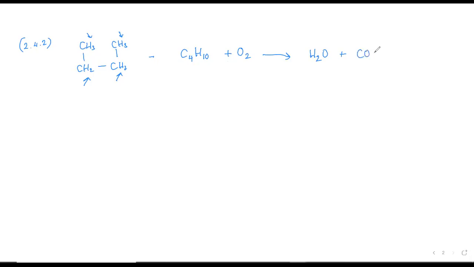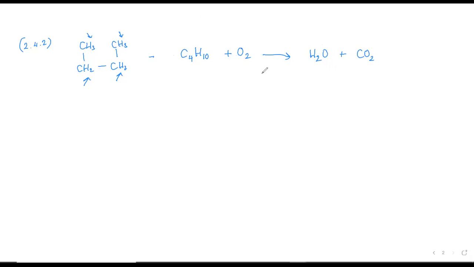Well, in this case, our oxide is carbon dioxide, which is CO2. So what happens is that this, which is ethane, combines with this oxygen, gives us water and carbon dioxide. But this is not a balanced equation. So now we have to balance it.